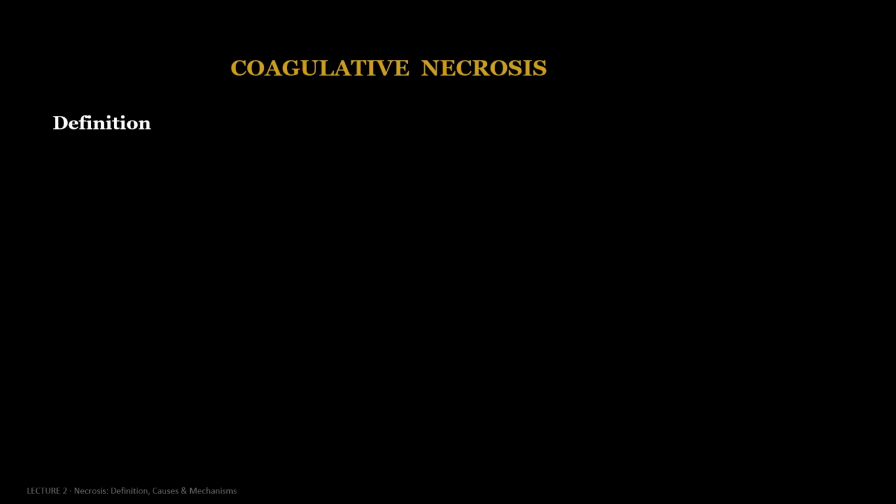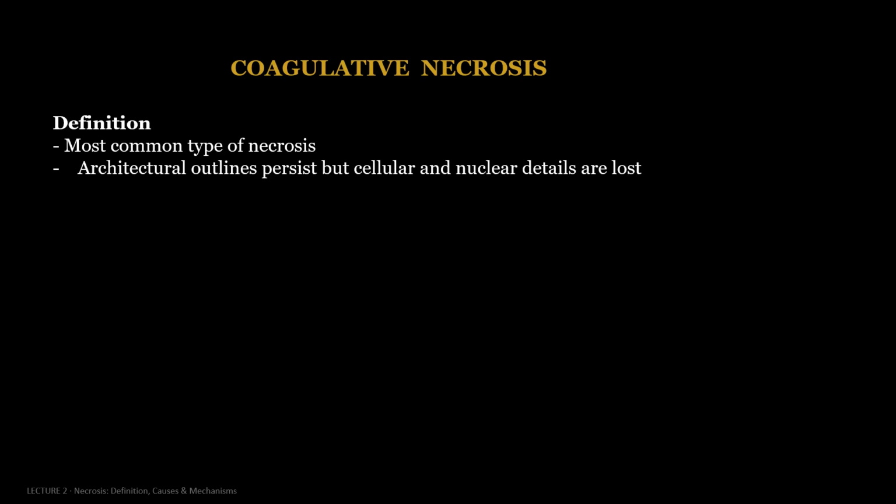What is coagulative necrosis? Coagulative necrosis is the most common type of necrosis. It occurs when the architectural outline persists, but the cellular and the nuclear details are lost. In my previous picture, I told you to pay attention to the architectural outline, the cellular outline, and the nuclear outline. The cellular outline is just like the cytoplasmic detail.